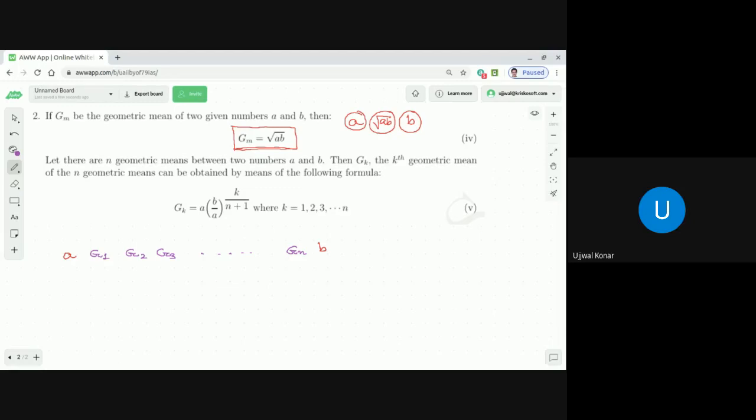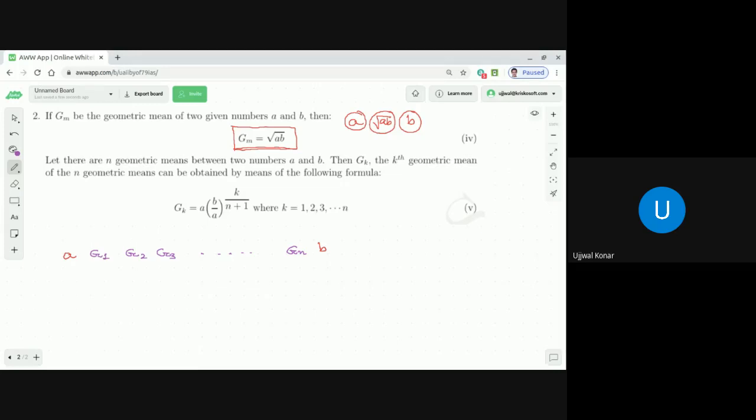If you recall, when we discussed arithmetic means, when we were inserting n arithmetic means, we also discussed how to find it out. Not only the formula, we also found how to derive it. Here the standalone formula is given: Gk equals a into (b by a) power (k by (n plus 1)). That will be the kth geometric mean.